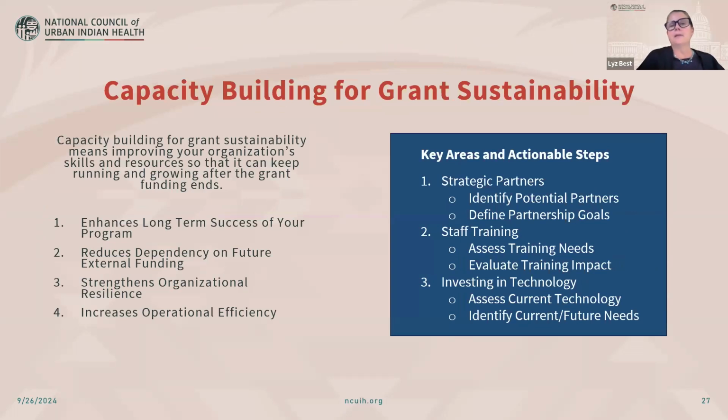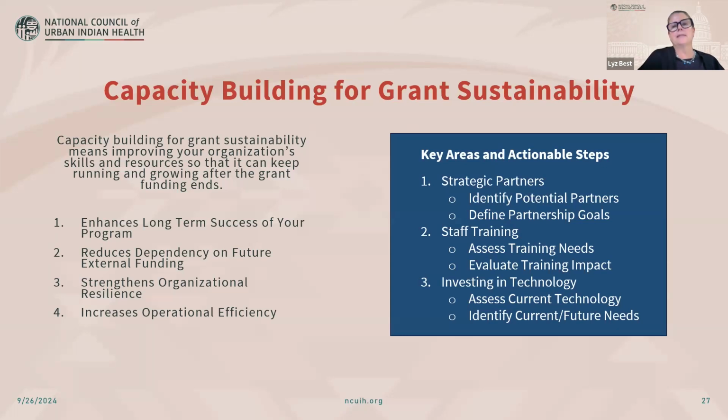So capacity building is a crucial element for any strategic plan, serving as an investment in your program's long-term success and sustainability. It goes beyond immediate needs, focusing on equipping your team and organization with the skills, resources, and knowledge to thrive beyond the initial funding period. By strengthening your internal capabilities, you build a solid foundation that allows your program to grow, adapt, and respond effectively to future challenges.